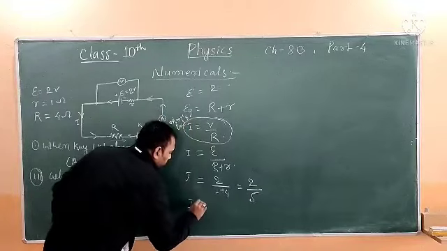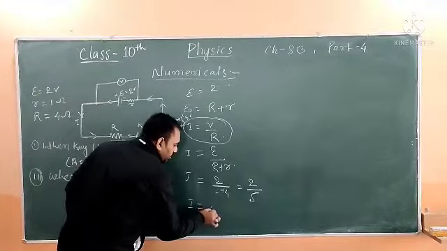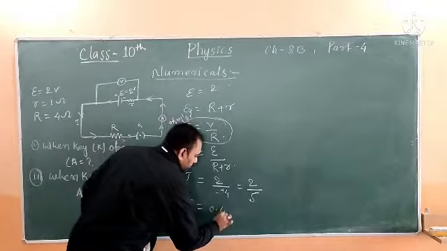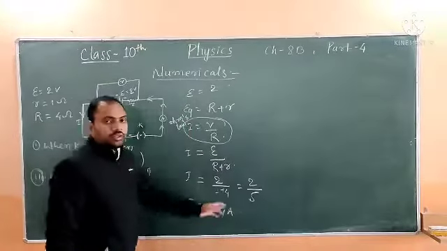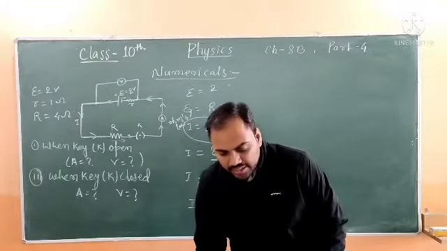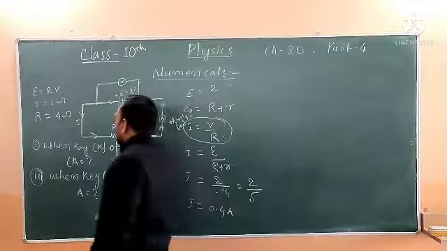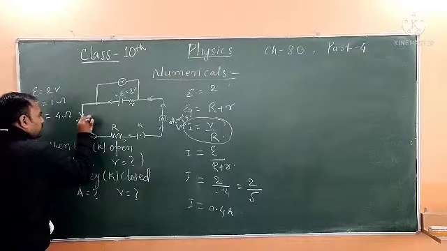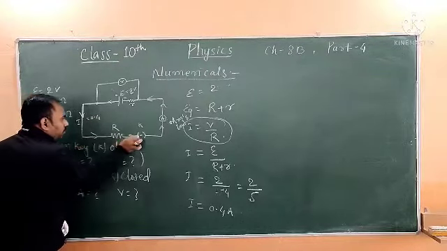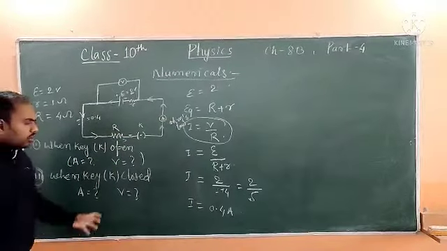That will be equal to, in decimal, 0.4 ampere. This will be the reading of the ammeter. If current I is 0.4 ampere, this current will flow through the ammeter, and the ammeter reads 0.4 ampere.